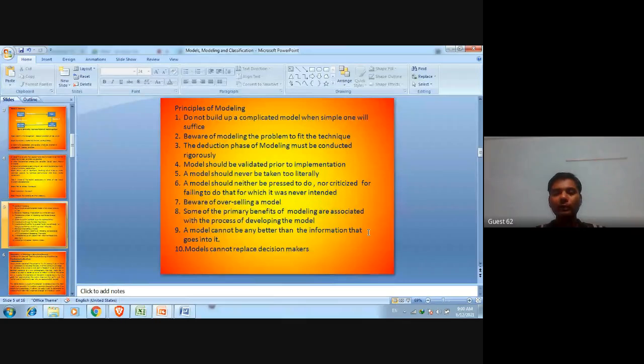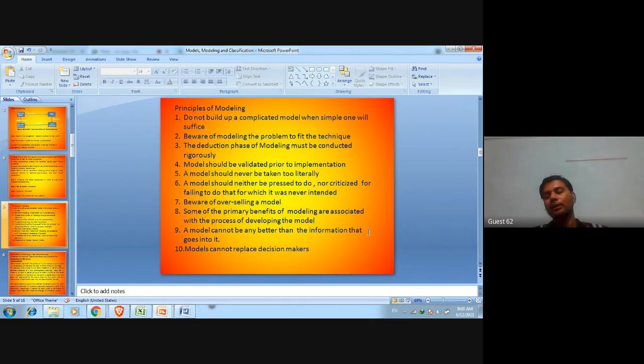An OR model is only used to help make better decisions. However, it does not make the job of the decision maker easy. Definitely, the role of experience, intuition and judgment in decision making is undiminished.